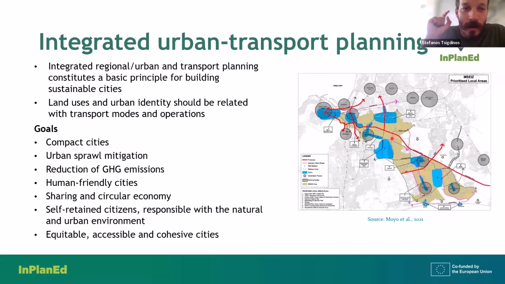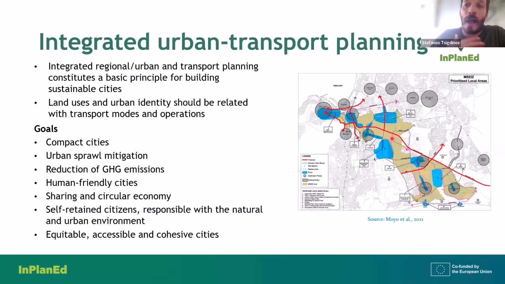So one very important approach to changing our cities, to rethinking our cities, let's say, is integrated urban and transport planning. What can we gain from this? If we just concentrate on urban policies and transport policies themselves, we can formulate compact cities.